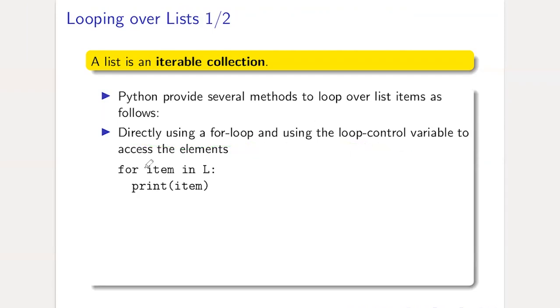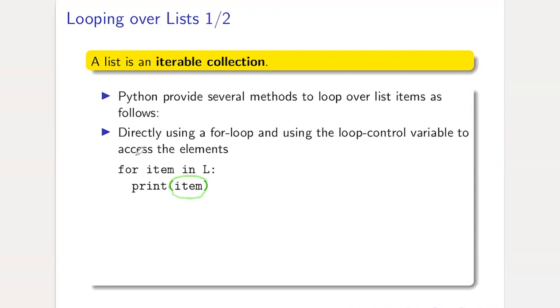Here's our list L, and this is our loop control variable. Whenever we refer to the loop control variable within the loop, every time we go through the loop, we get the next item.